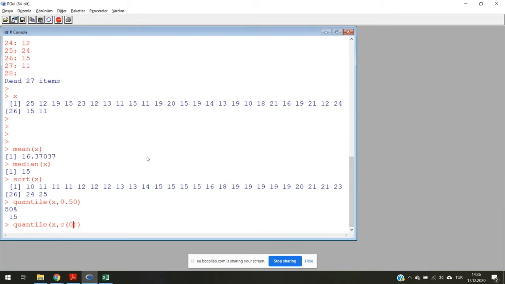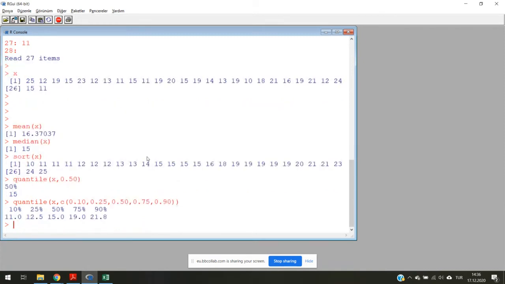For example, I can collect the 10%, 25%, 50%, 75%, and 90% quantiles at the same time in a single command line.